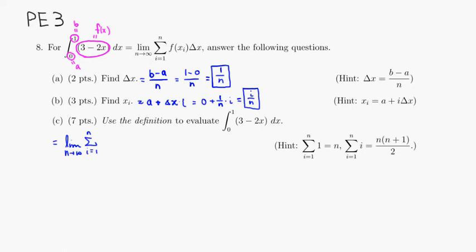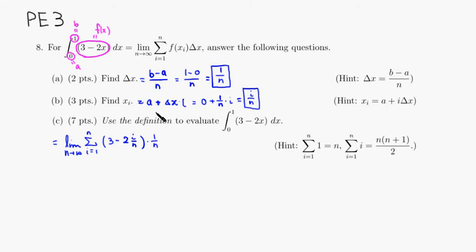So you're going to get 3 minus 2 times i over n. Then dx becomes delta x. Delta x is 1 over n, so multiply by 1 over n.